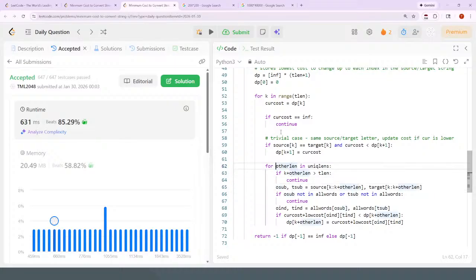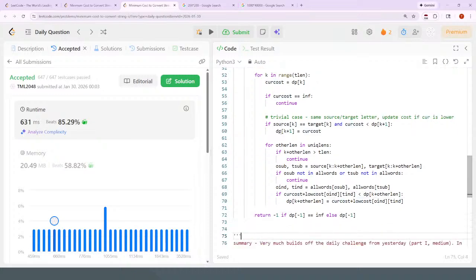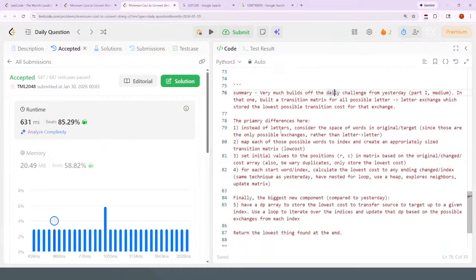So if this other length is 5 letters, then you're going to consider the 5-letter substring from this index in the source and target, assuming those are actually valid in your space of exchanges. Then find the indices, compare, and then update based on the matrix, right? All right.